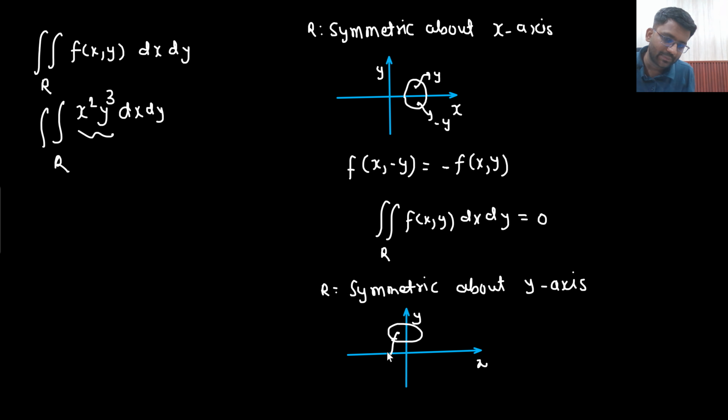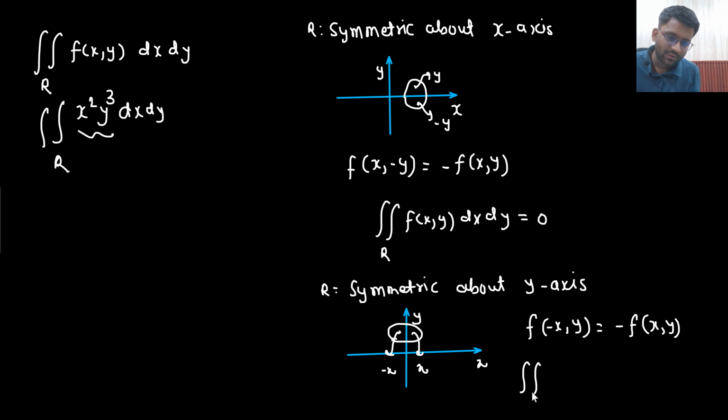So if minus x is present, then for sure plus x will also be present. So you do one thing: in place of x you put minus x, and if it comes out to be minus of f of x comma y, then for sure over the region R, the integral of f of x comma y dx dy will come out to be 0 only.